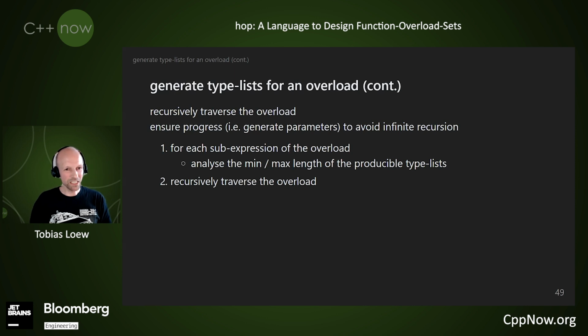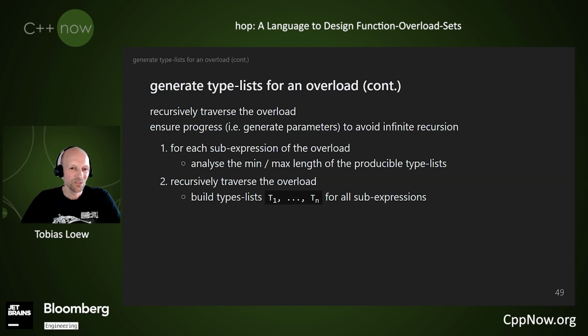With that information, we traverse the overload a second time recursively, and we build type lists, T1 up to Tn, though each T is a type list, not a single type here. We build those lists for each of the sub-expressions of our expression. When the sub-expression is just a simple type, the type list contains only that type.